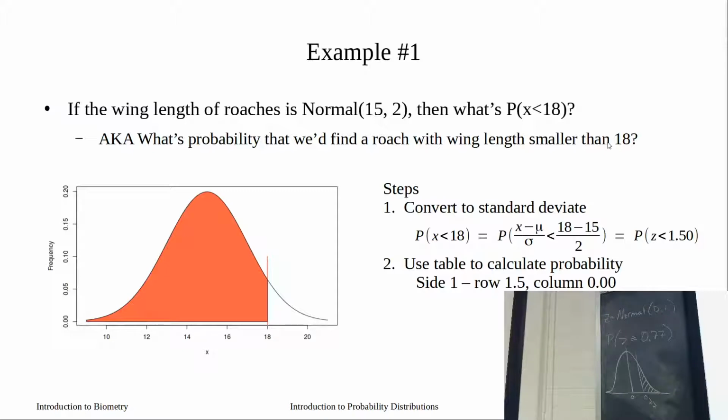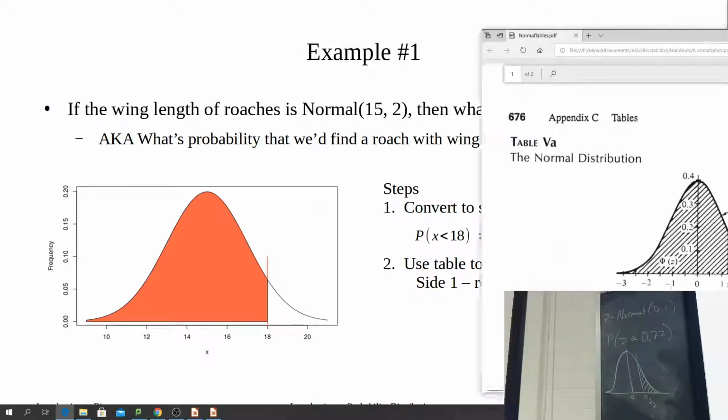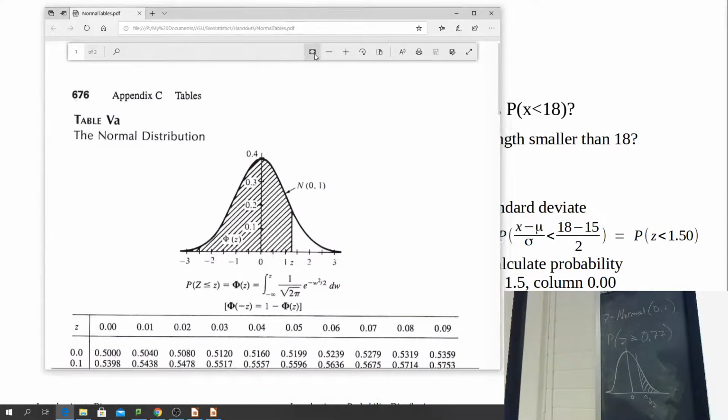First up, we draw what we're looking at. This is our normal curve, bell curve, centered at 15 with a standard deviation of 2. What we're asking for is the area to the left of 18. So when I go back to my normal table, I'm using that area.